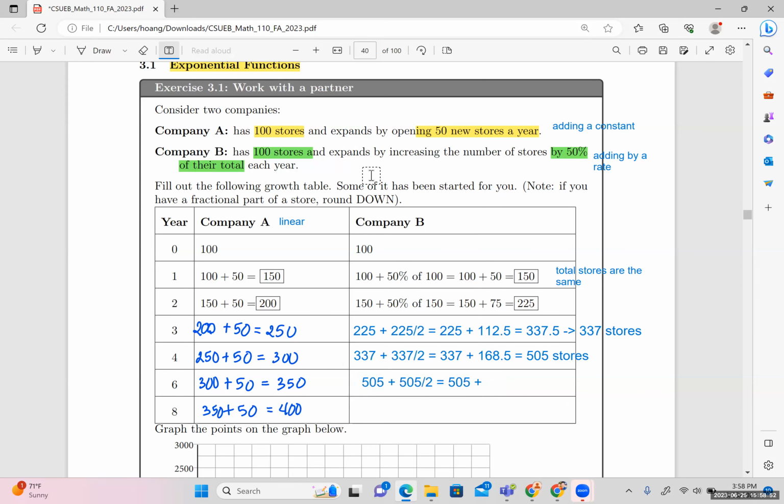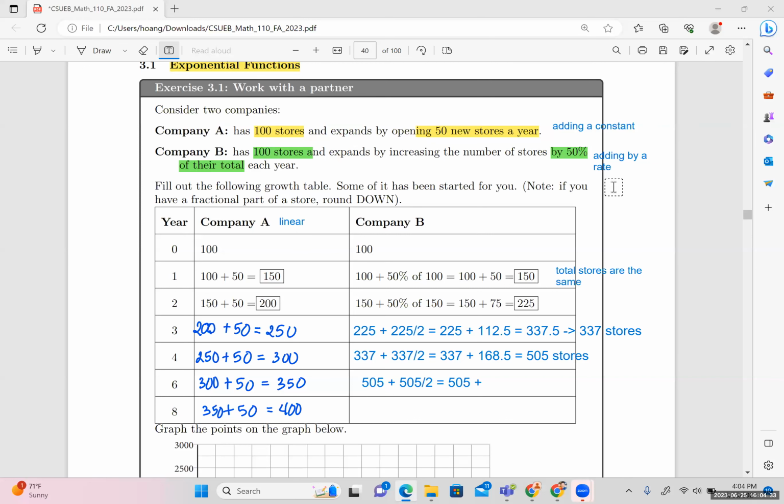Okay, let me see. I just figured out that I made a mistake here. Let's see. We actually come from 4 and jump to 6 years. It's not 5. So let's change a little bit accordingly.